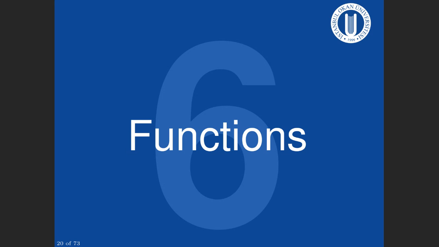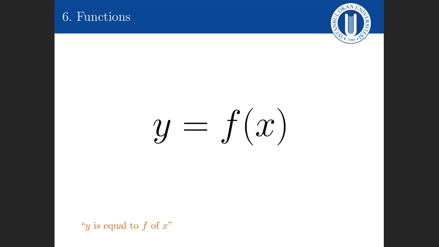Section 6, which is our big topic for today, is the concept of functions. A function, we're going to be writing them like this a lot. We read this in English as y is equal to f of x.